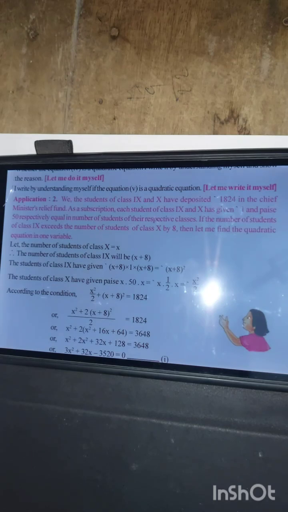Each student of class 9 and 10 has given rupees 1 and paise 50 respectively, equal in number to the number of students of their respective classes.